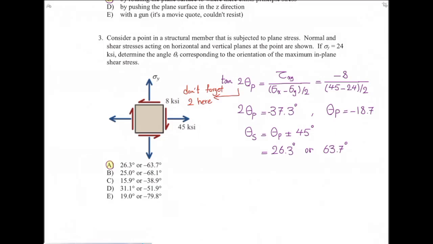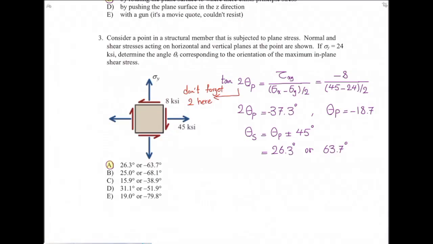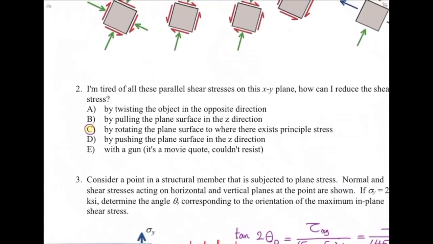One of them is negative, the negative 67.3. All right, so the answer would be A. There is another equation for theta s that gives you directly that, but because I don't want to bombard you with lots of equations, I usually work with this one, then I will get theta s by adding or subtracting 45 from that.